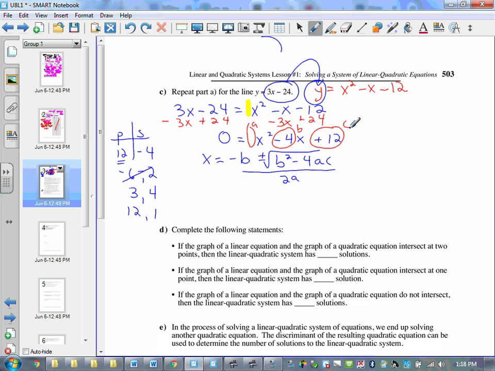Bless you. So Sydney's told us our A is 1, our B is -4, our C is 12. Now we're going to sub them into this hideous looking thing.